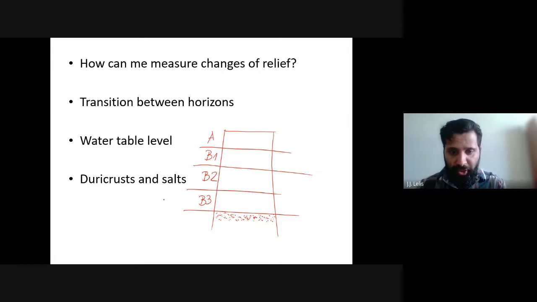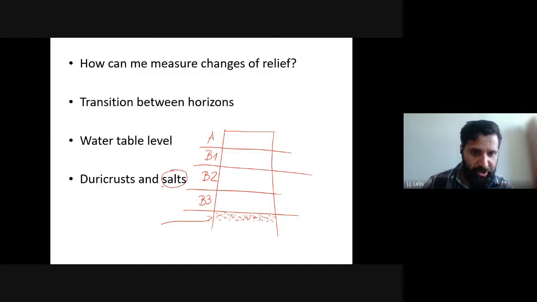This suggests to you that this is an ancient or old surface horizon that was buried. Because salts are formed in dry conditions, in semi-arid or arid conditions, and they usually are formed in surface horizons.